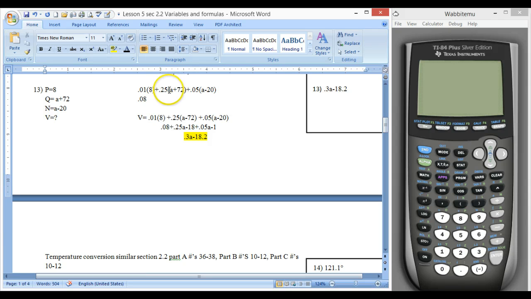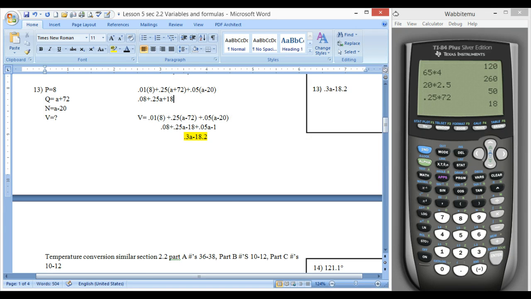However, here, parentheses would come first because of Please Excuse My Dear Aunt Sally, but I can't add A and 72, so I'm going to multiply with the distributive property, 0.25 times A plus 0.25A, and 0.25 times 72. 0.25 times 72 in your calculator gives you 18.